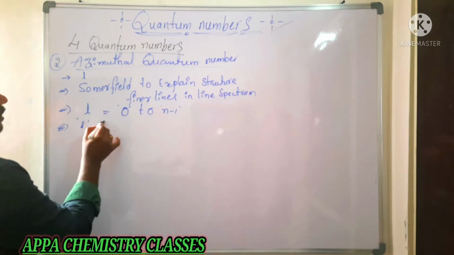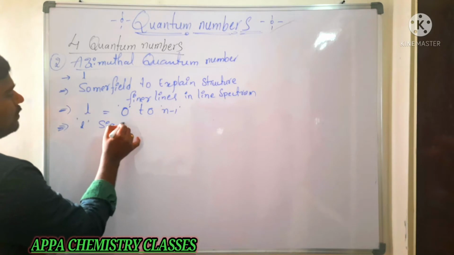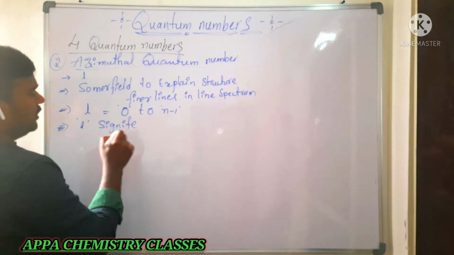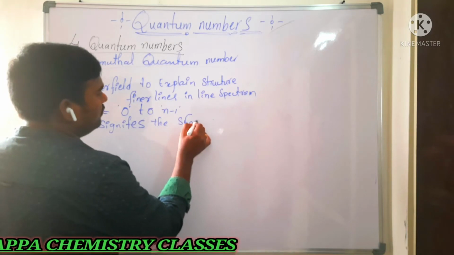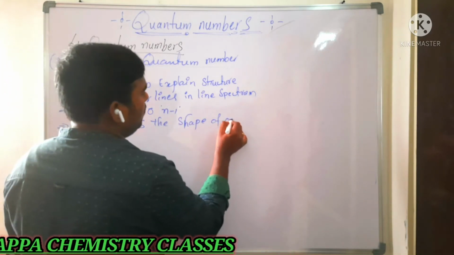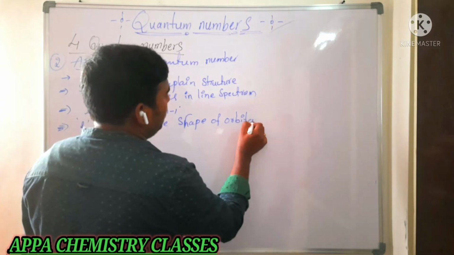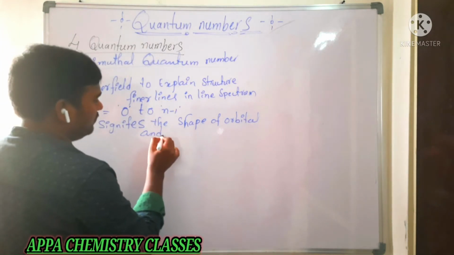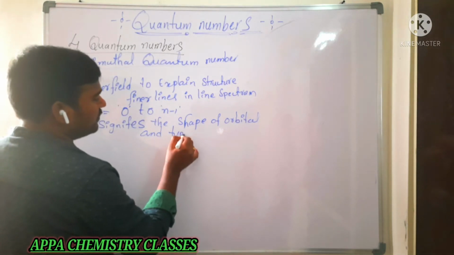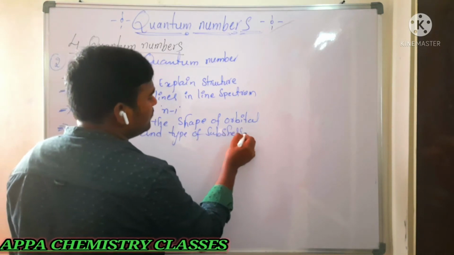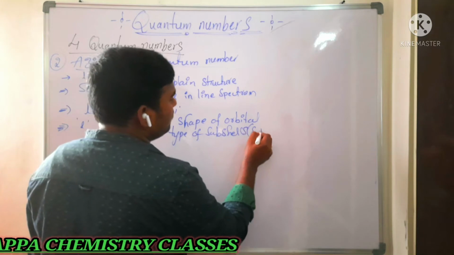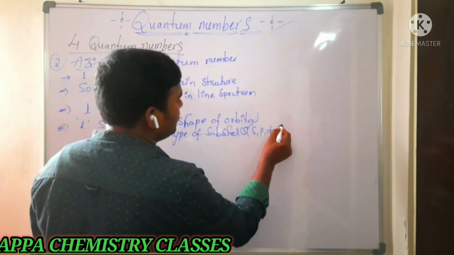The azimuthal quantum number signifies the shape of the subcell, the shape of the orbital, and the type of subcell. We have different types of subcells: s subcell, p subcell, d subcell, f subcell.